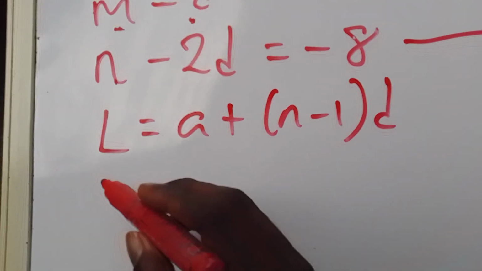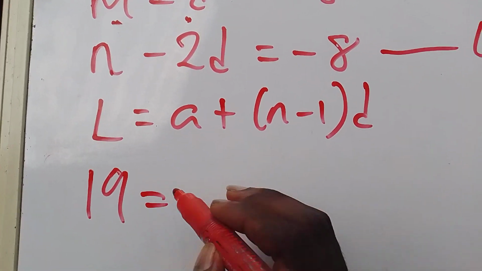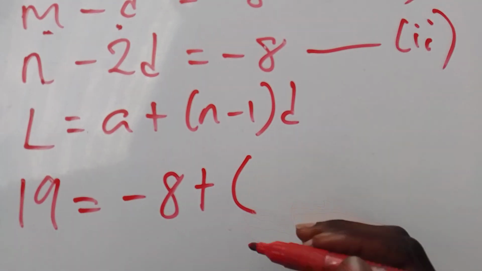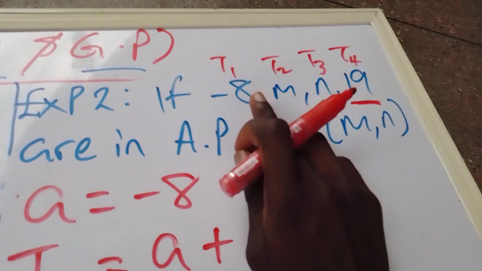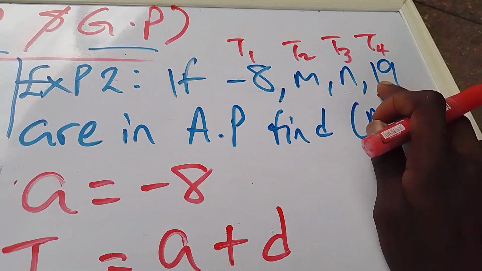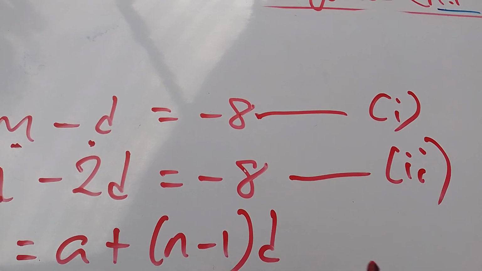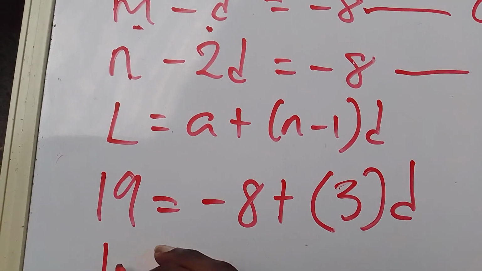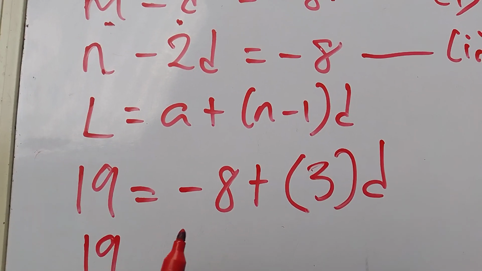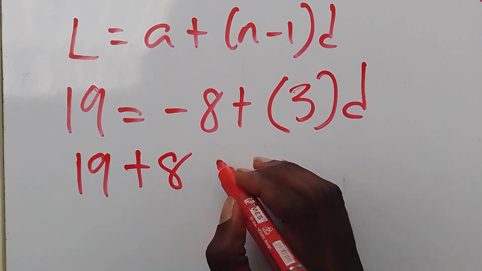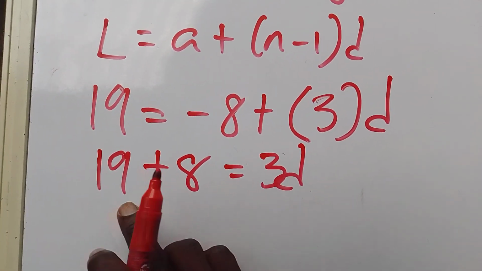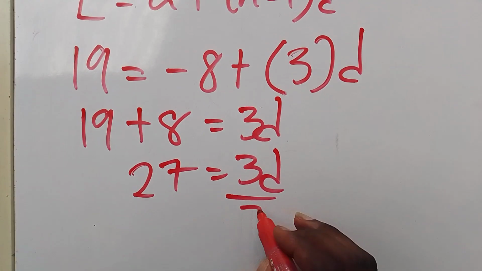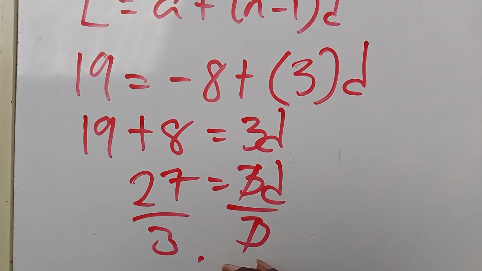So 19 equals my first term, minus 8, plus (n minus 1) D. How do I know my n? n equals 1, 2, 3, 4, so n equals 4, and 4 minus 1 is 3D. Now my 19, if 8 comes here, that's 8 plus 19 equals 3D. 8 plus 19 is 27, equals 3D. Divide by 3, so my D equals 9.